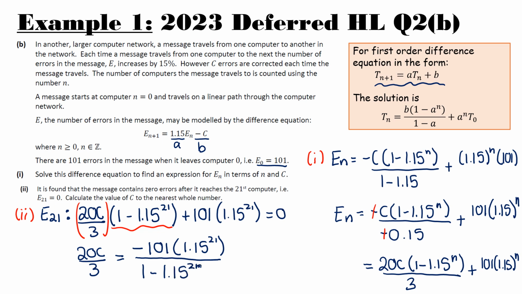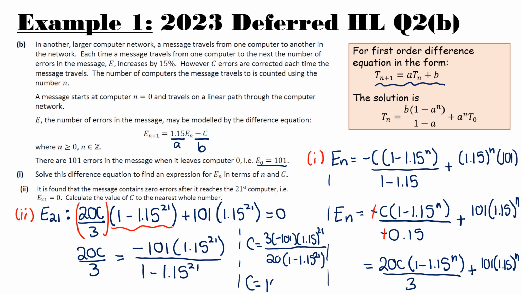And then the final step will be to deal with the 20 over 3, which means we are going to be left with c equals 3 times the minus 101 times 1.15 to the power of 21, all over 20 times 1 minus 1.15 to the, sorry, that 21 is inside our bracket, 21. And then this is going to be to the nearest whole number.